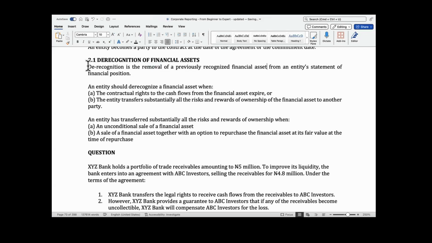That's derecognition. An entity should derecognize a financial asset when these two criteria occur. For your exams, you need to know these two derecognition criteria.